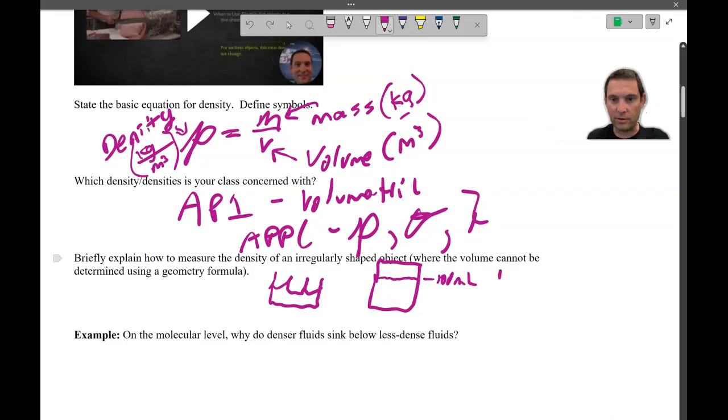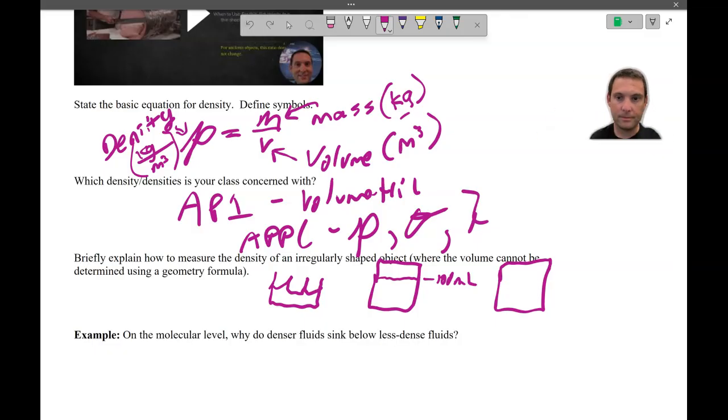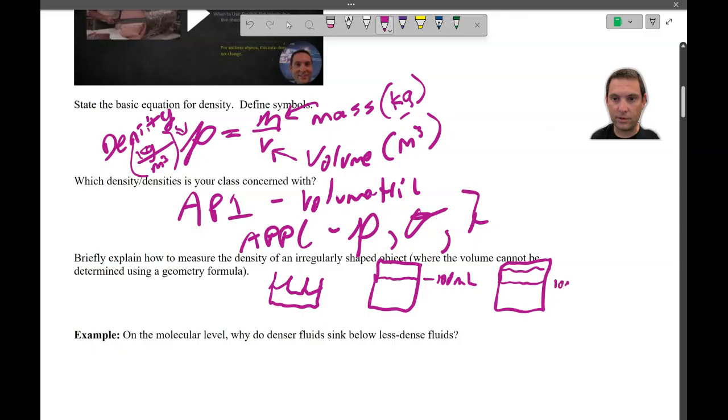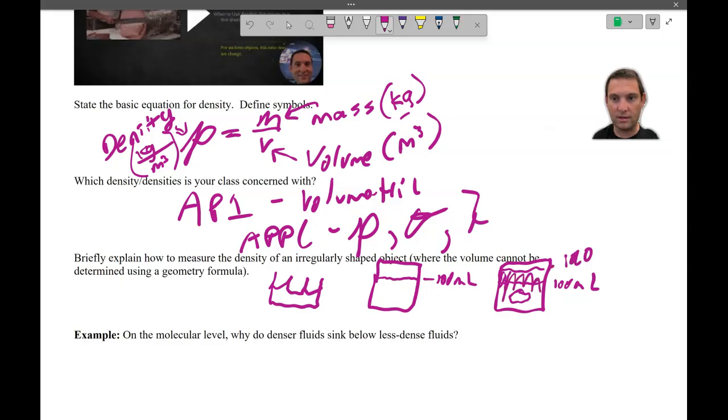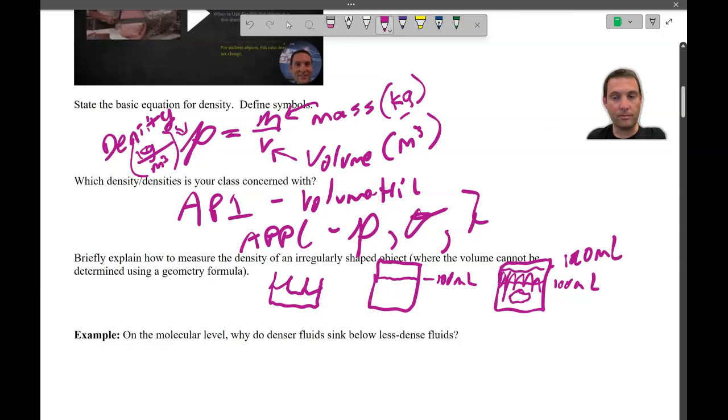Let's take our object out and put it in over here. That's the 100 milliliter mark. When we have the object in, our water rises all the way up to 120 milliliters. That tells me my volume is 20 milliliters, because this change in volume equals the volume of my object.